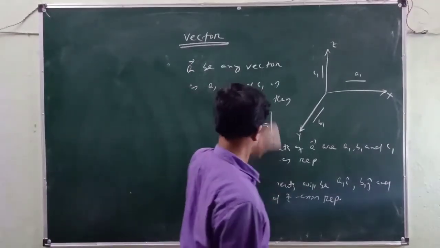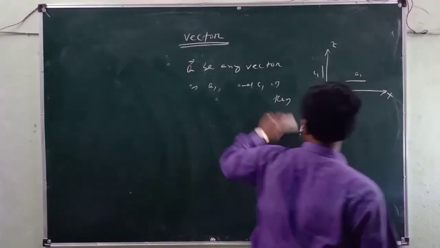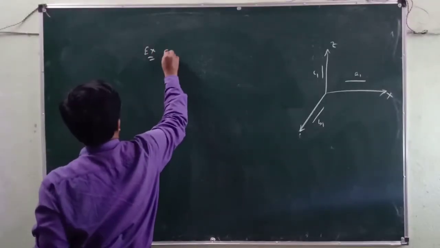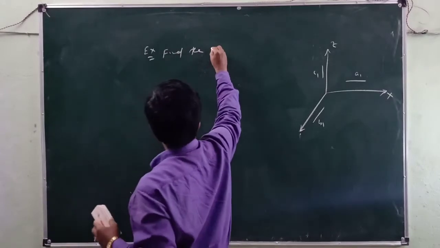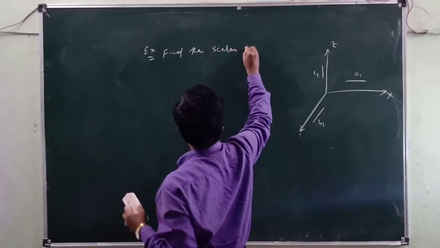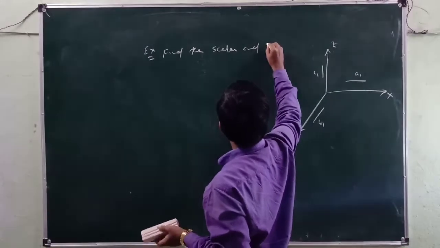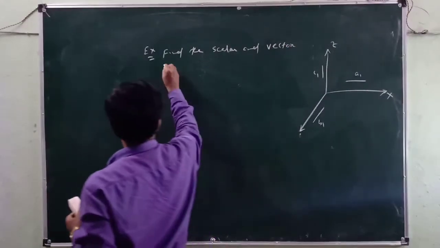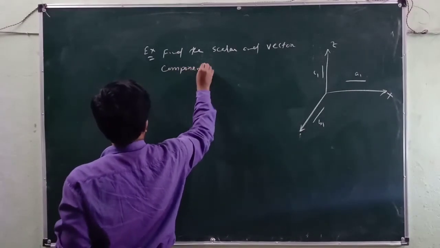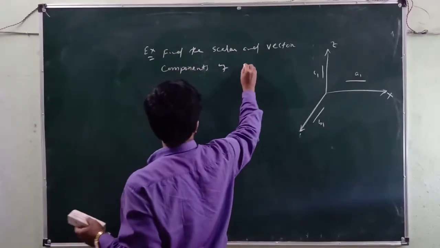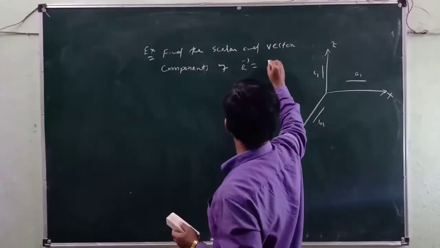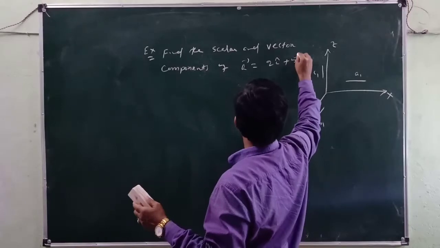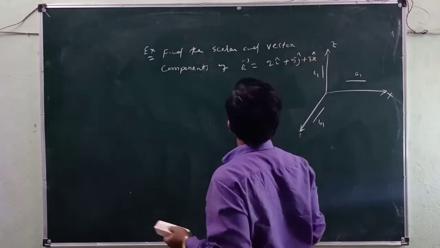For example, find the scalar and also vector components of the vector A that equals 2 I cap plus 5 J cap plus 3 K cap.